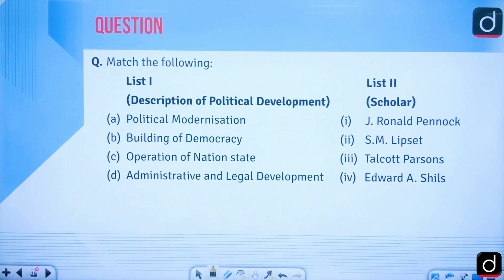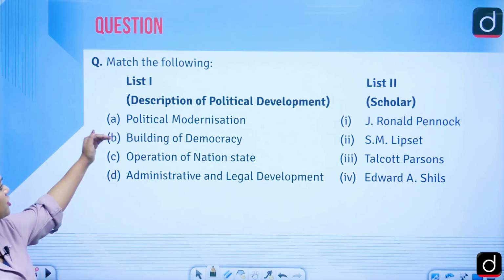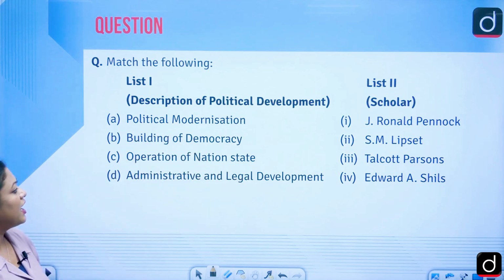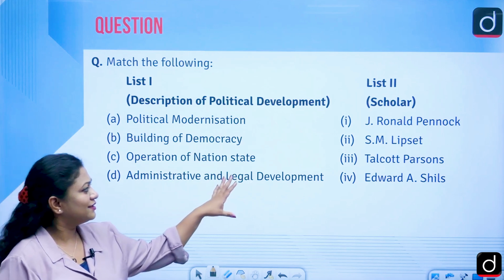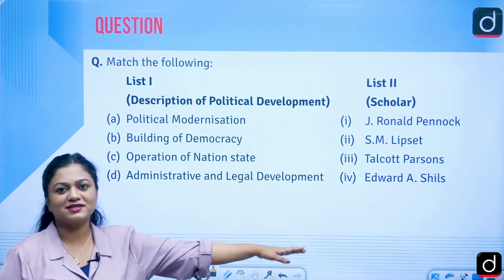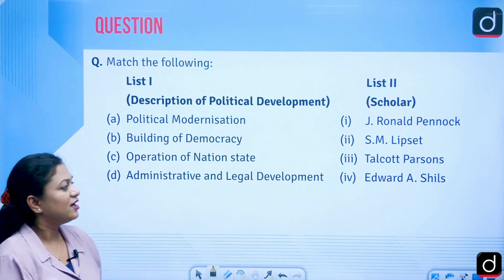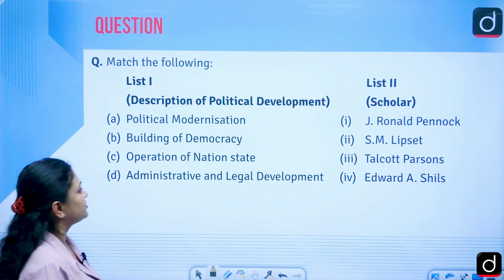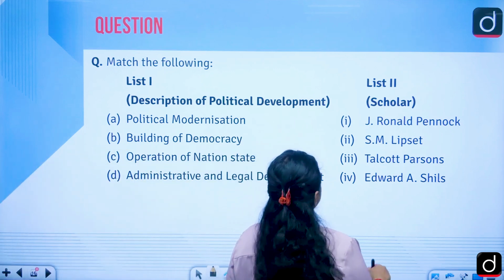Next, another match the following. You can see the description of political development and the names of the scholars are given there. And you can find the list of these descriptions as well as the scholars in J.C. Johari's book as well. The first one is political modernization. Obviously, it is associated with the idea of Lipset.